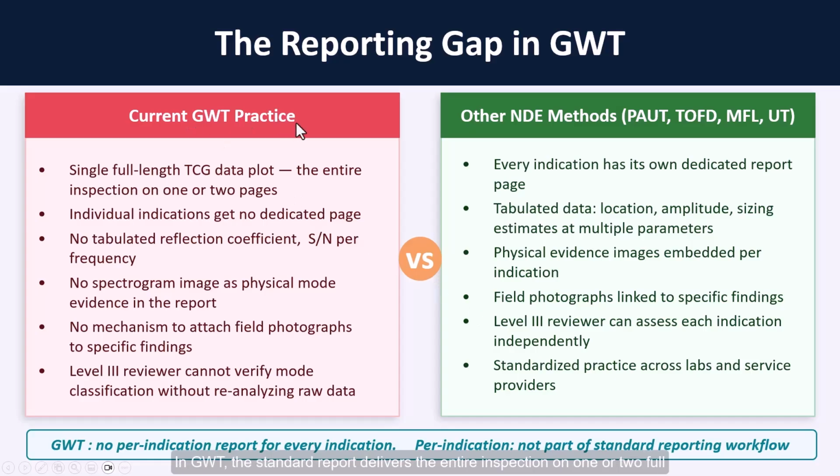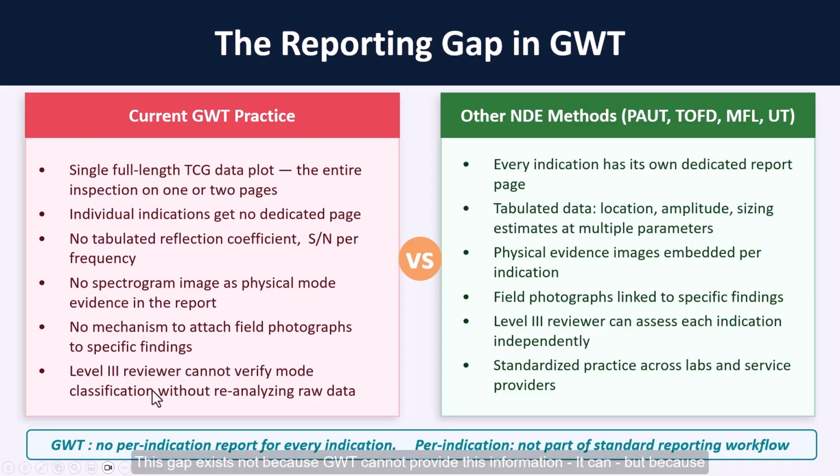In GWT, the standard report delivers the entire inspection on one or two full-length data plot pages, with marks overlaid on the trace. Individual indications receive no indication pages, no tabulated reflection coefficient or SN ratio at each frequency, no spectrogram image as physical evidence, and no mechanism to attach a field photograph to a specific finding.